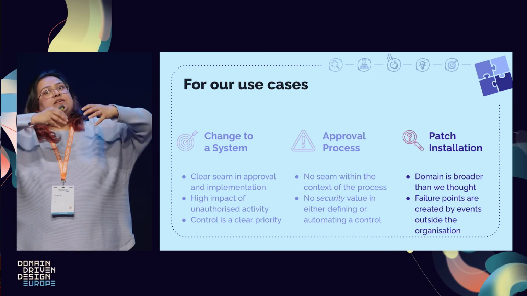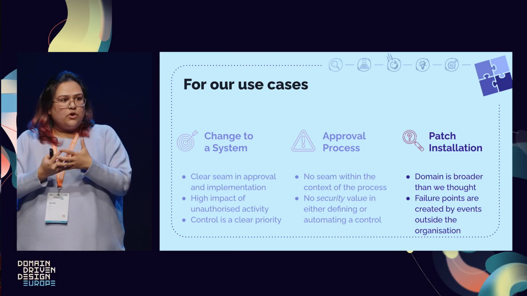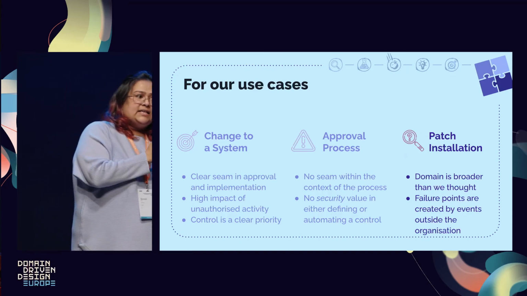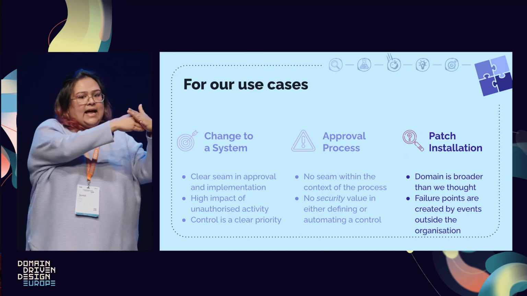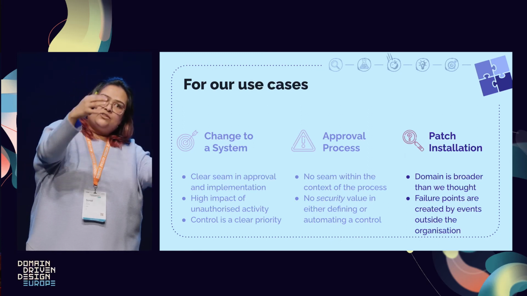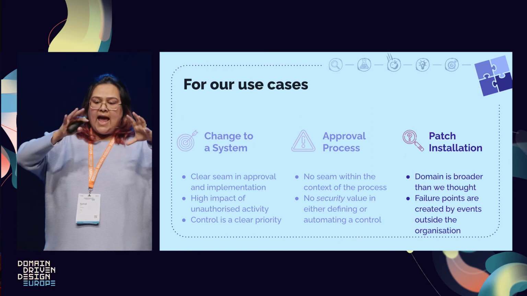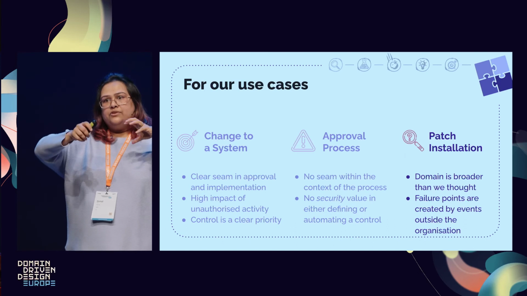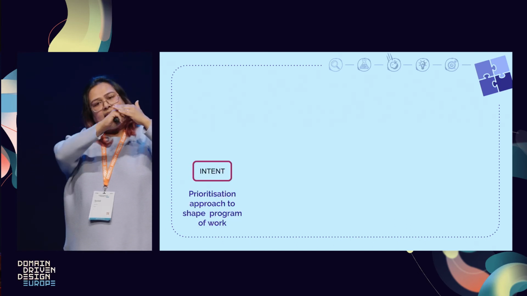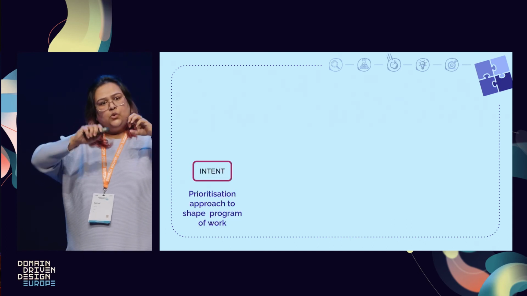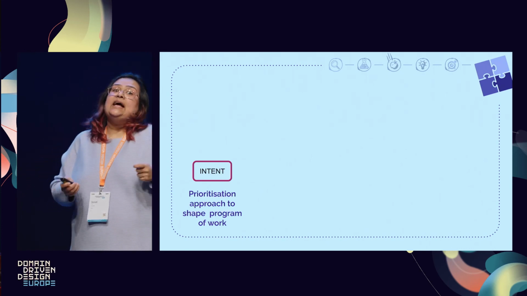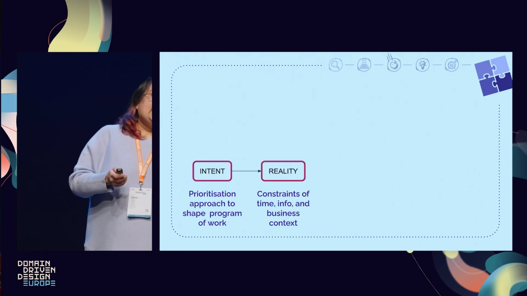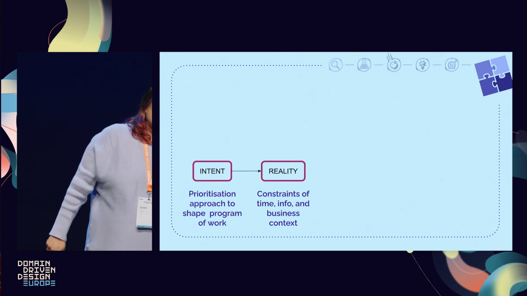When we went into the details of that modeling, we found that the failure points are created by events outside our organization, and those, again, failures at a boundary, with the domain being broader than the organization, did have an impact to the security and the risk being carried by the organization.